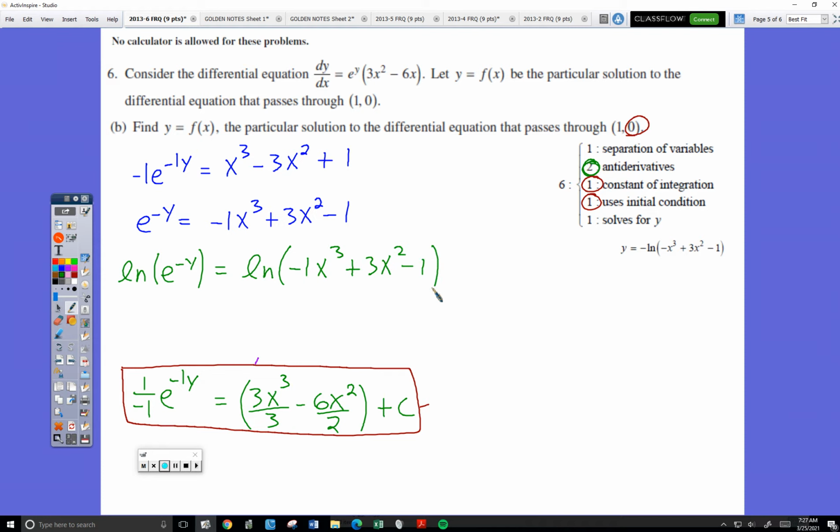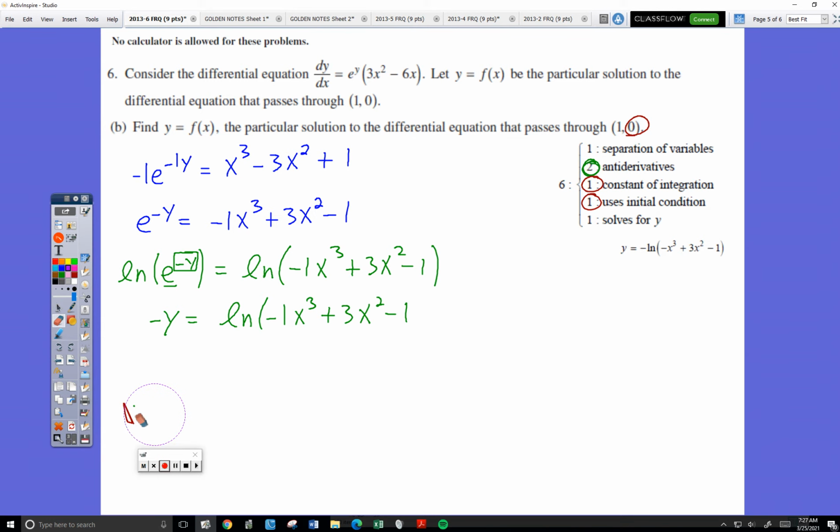The natural log of e to any exponent is simply the exponent. So negative y must equal... So now all that's left to do is move the negative 1, so get rid of this.